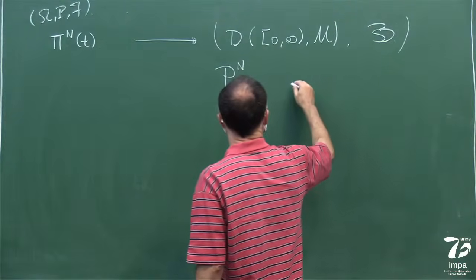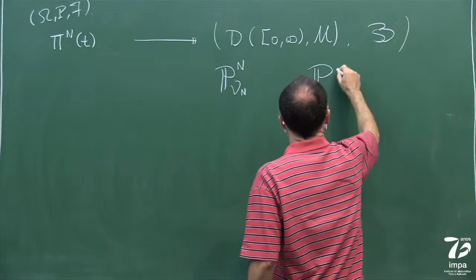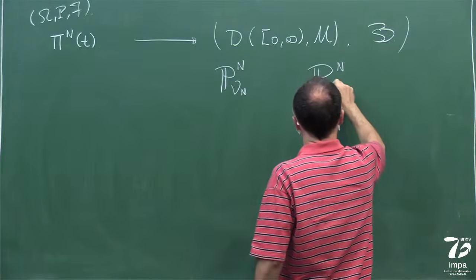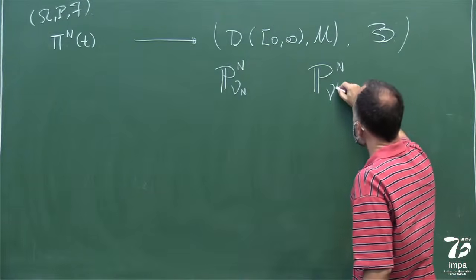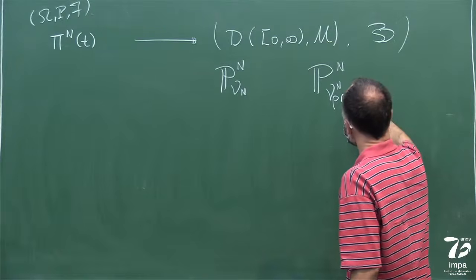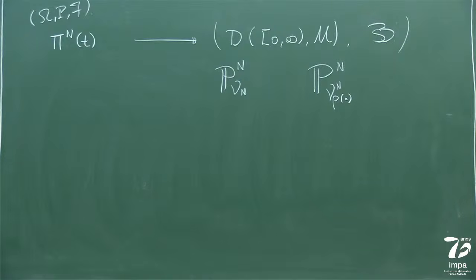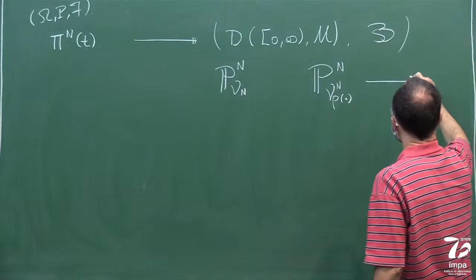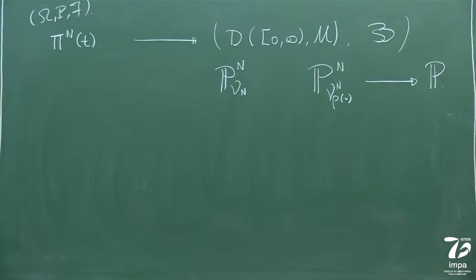Okay, so in the case in which nu is the product of Bernoulli's, that will be this measure. Okay? So this is a measure in this space. And now, all my problem will be to prove that this sequence of measures converges to a measure. So this is the goal.